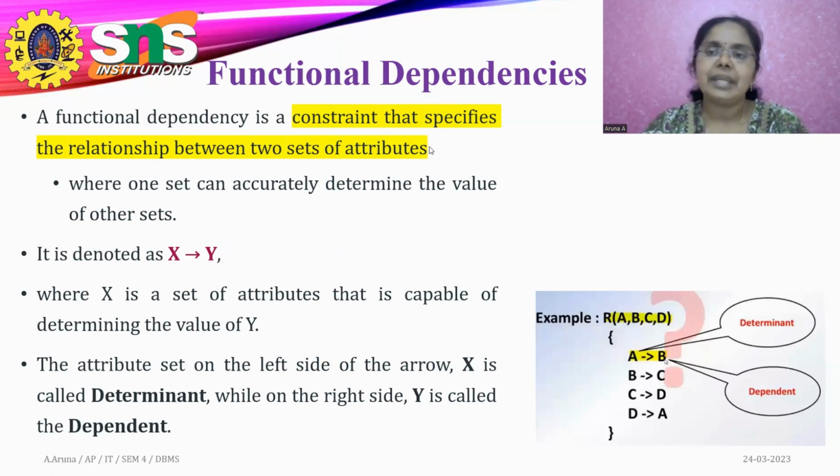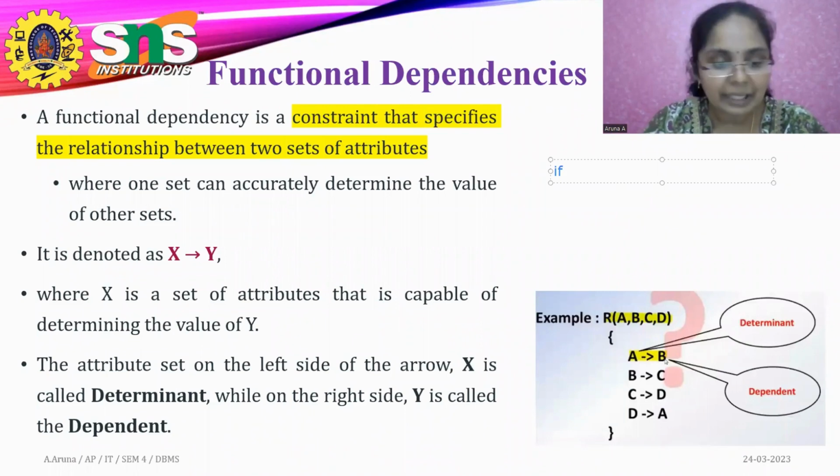If a table contains more than two tuples that have the same type of data, how can we identify it? By using this particular formula. T1.X is equal to T2.X, where T1 is tuple 1 and T2 is the next tuple having the same X value.